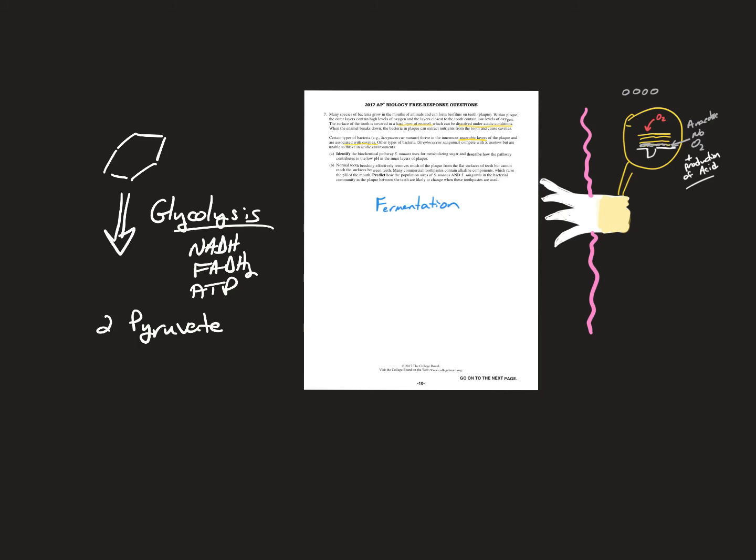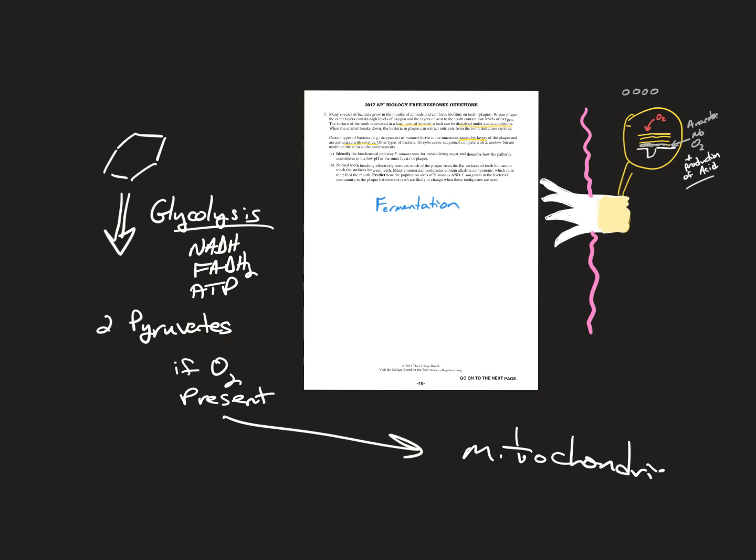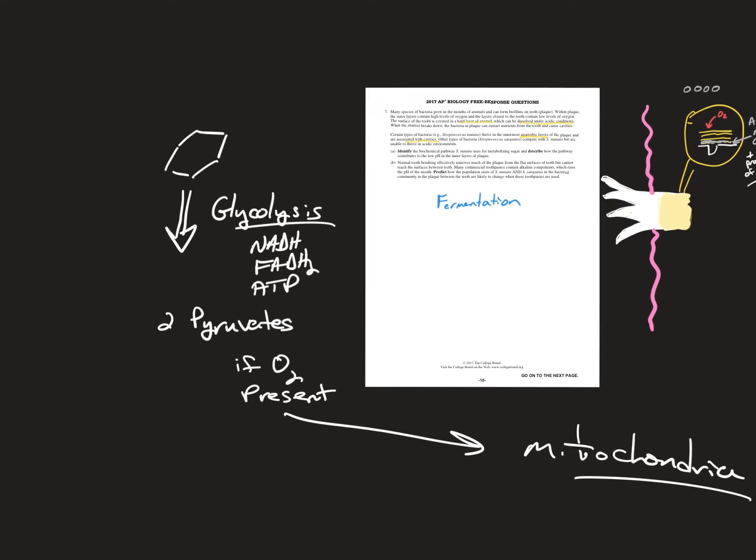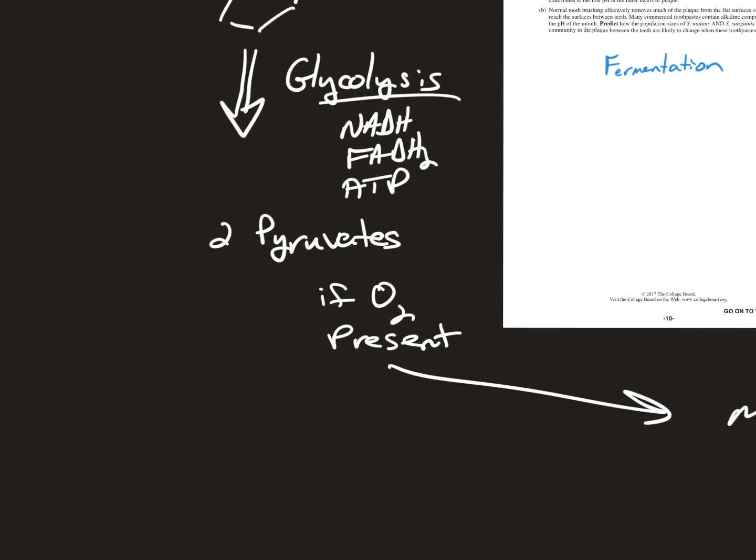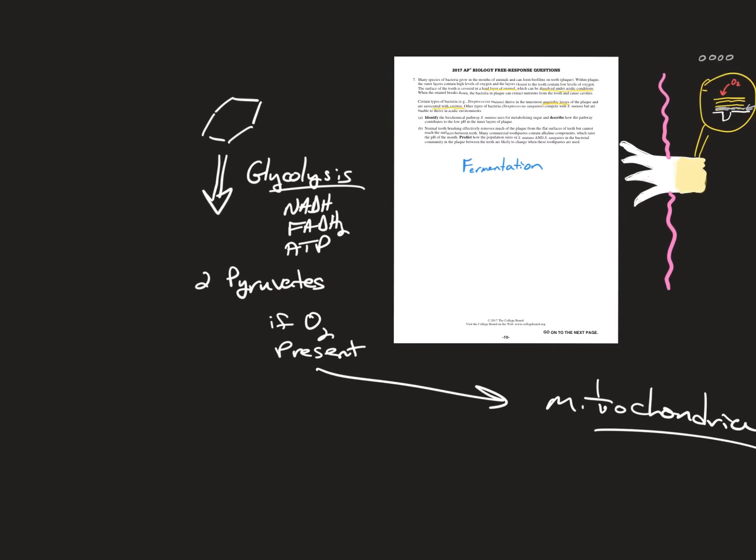Now, pyruvate has 2 options. If oxygen is present, then it goes to the mitochondria. This is in eukaryotic organisms, right? Obviously, these bacteria don't have mitochondria.